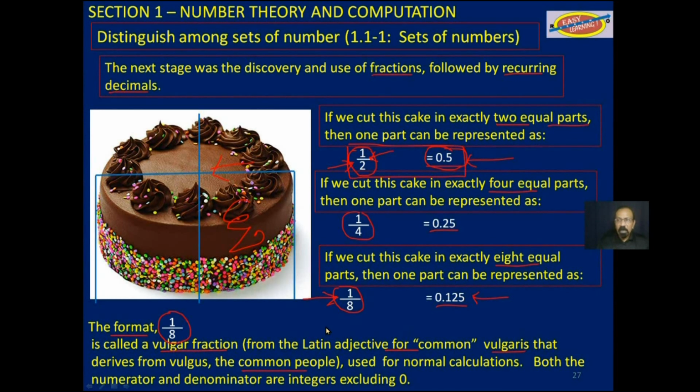Both the numerator and denominator are not zeros. Now, some vulgar fractions work out to be terminating decimals, as we see here. This half works out to be 0.5, which terminates, and so do the quarter and the 1/8.